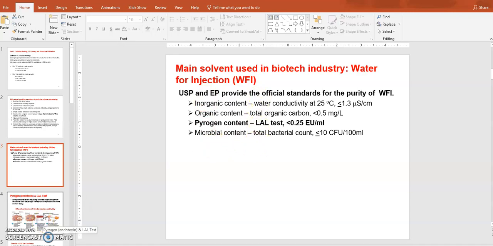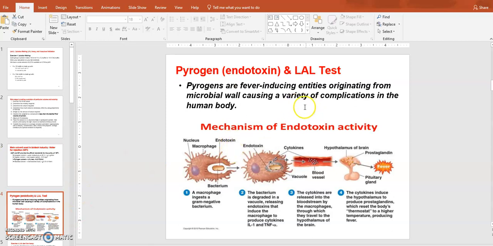Okay. So out of those different tests, you will perform the pyrogen assay, which is called LAL assay. So endotoxin assay, that's what you will do in this lab. Okay. So again, pyrogens are fever-inducing entities made from gram-negative bacterial cell wall, broken cell wall debris. Those are what pyrogens and endotoxins are. Okay.